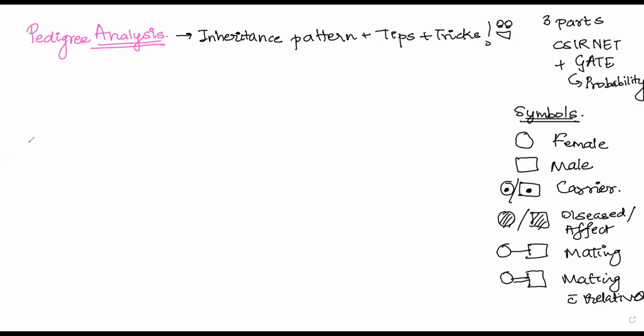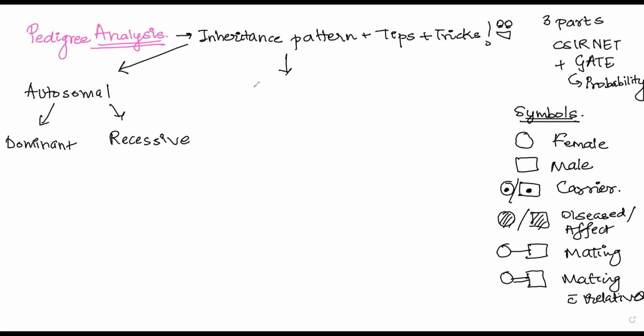Now, let us see the inheritance patterns. Majorly they are divided into three types. First being the autosomal. Autosomal is further divided into autosomal dominant and autosomal recessive. The next category is the sex-linked. Sex-linked can be divided into two types, that is X-linked and Y-linked.